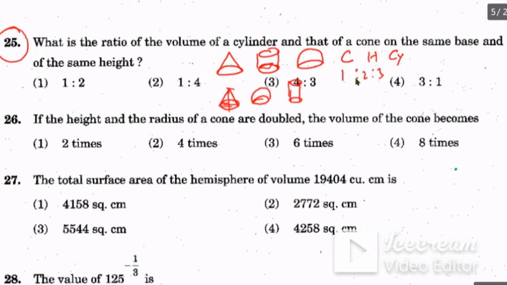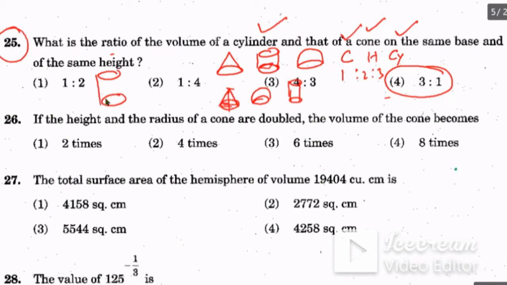So what will be the ratio of cone and cylinder? That is 1 is to 3. That is not among the options here, because it is asking the ratio of the volume of cylinder and cone, so it is the opposite, that is 3 is to 1. The cylinder is bigger than the hemisphere and bigger than the cone.